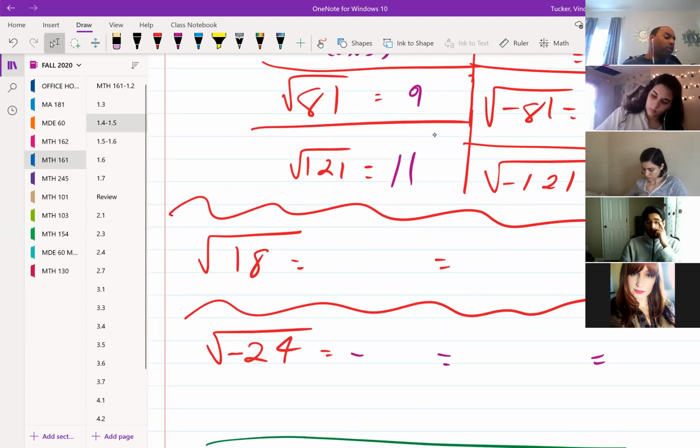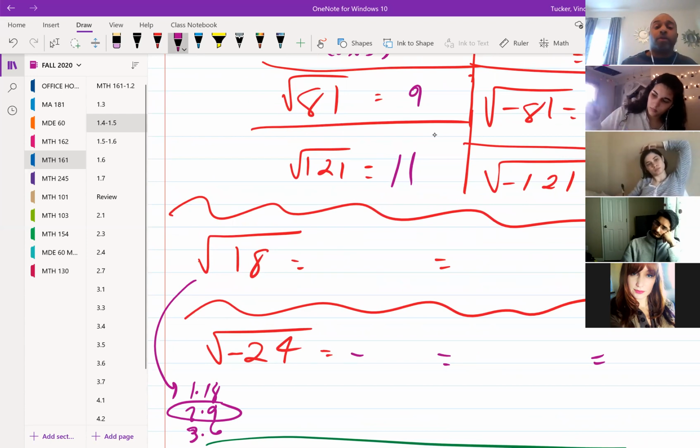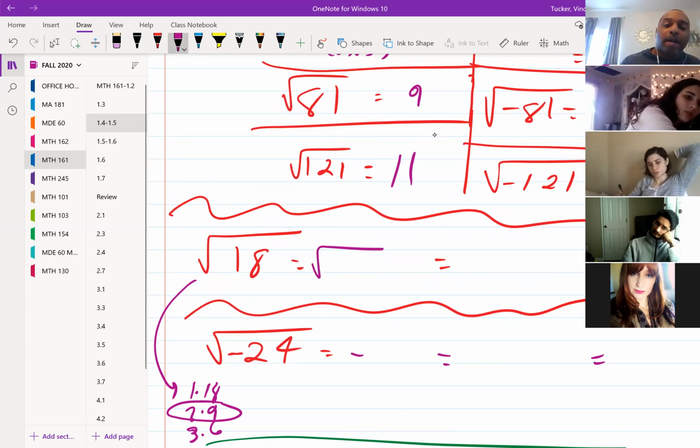You cannot take the square root of 18 evenly, but you can break it up into factors you can take the square root of. The factors of 18 are 1 times 18, 2 times 9, and 3 times 6. Only one of them has a factor that is a perfect square: 9.